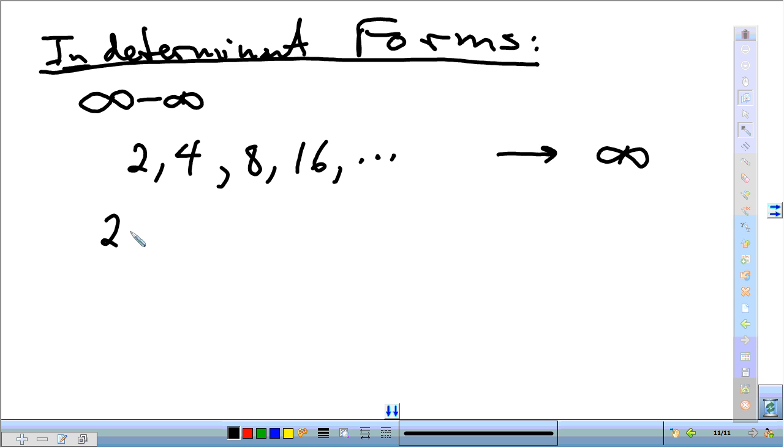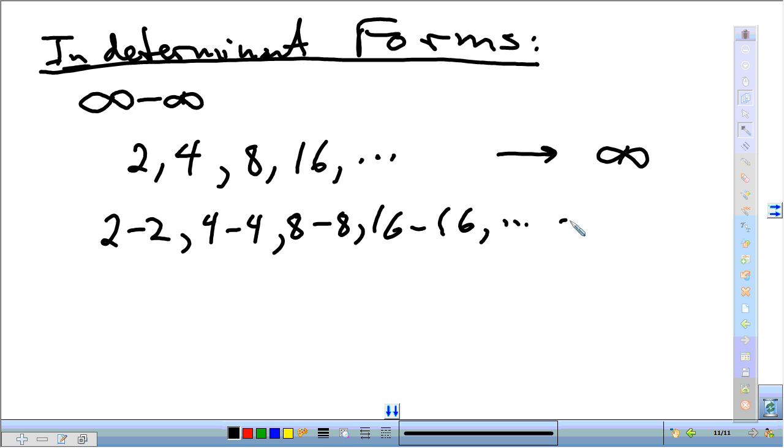If we take infinite and subtract this particular infinite from itself, it seems like that difference should be 0.